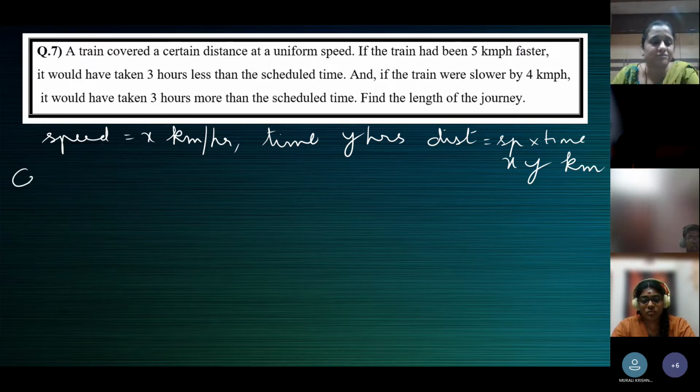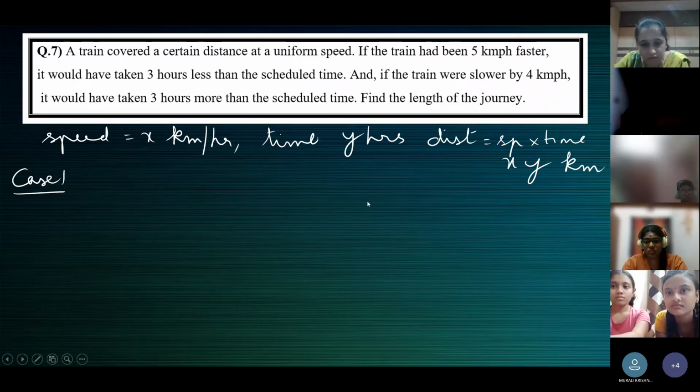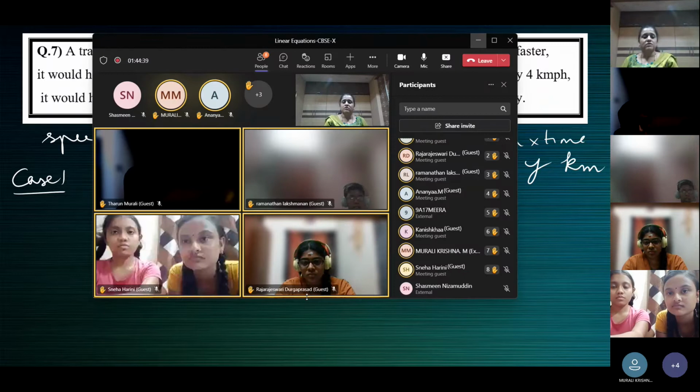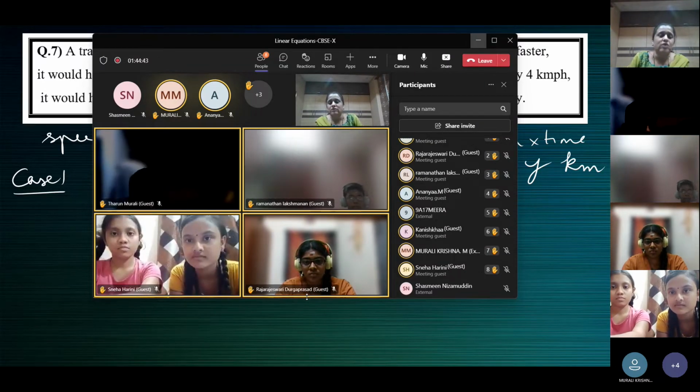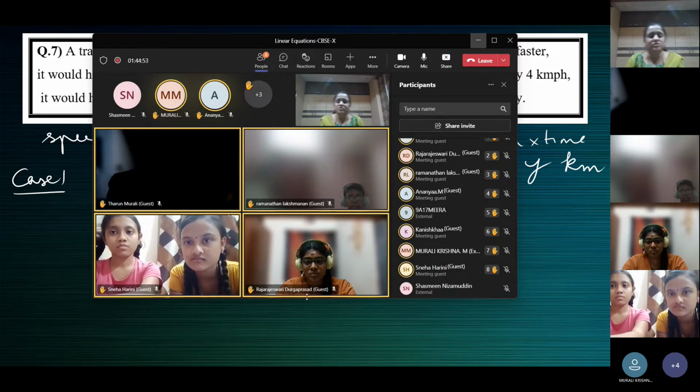Now, case one. The formula used to construct the equation is speed into time is equal to distance.